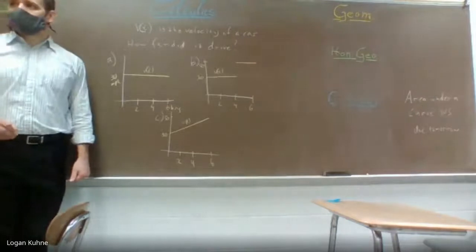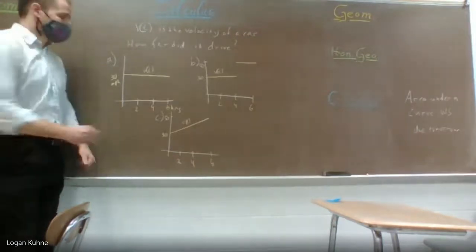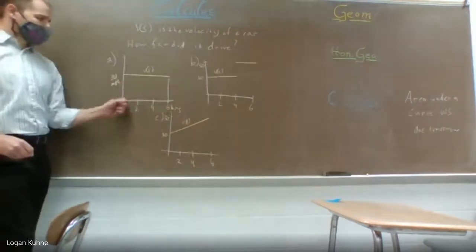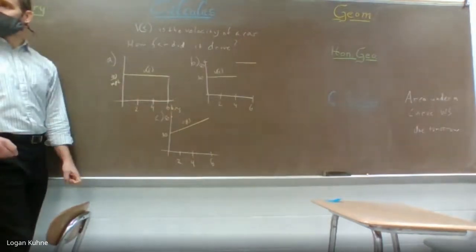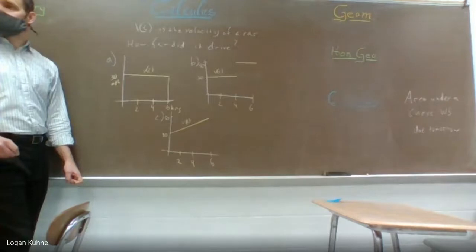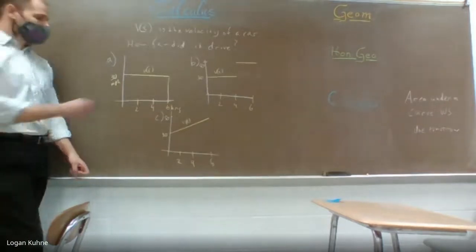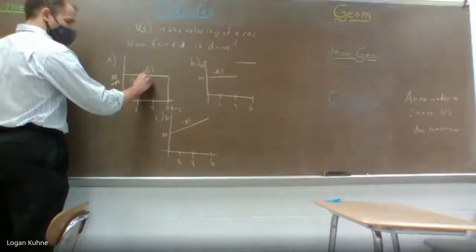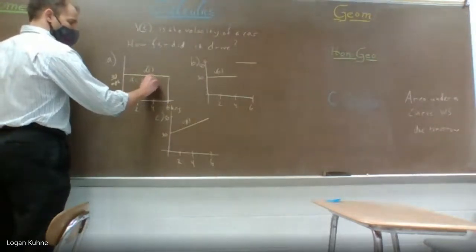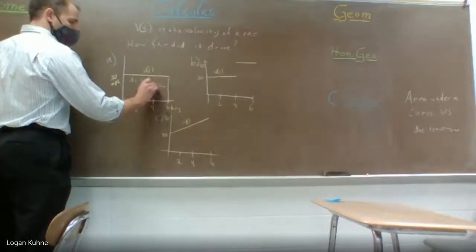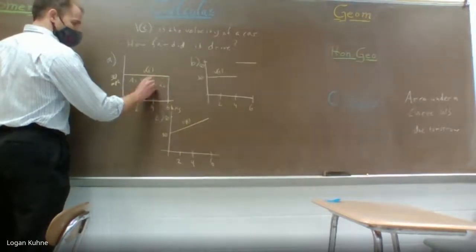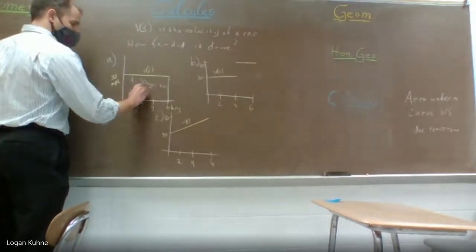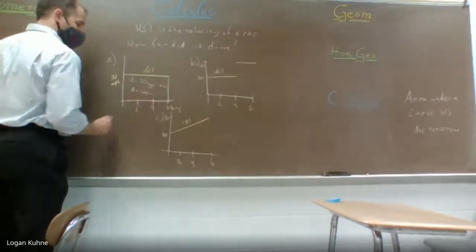Here's calculus. Ready? What's the area of this rectangle? 180, right? Area of this rectangle is 30 miles per hour times 6 hours. 180 miles.